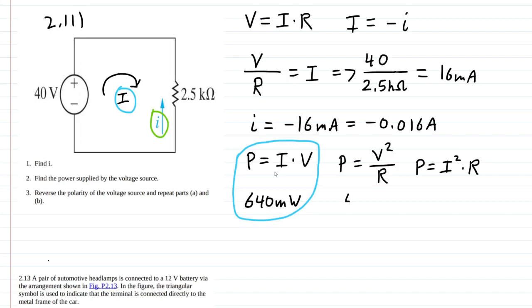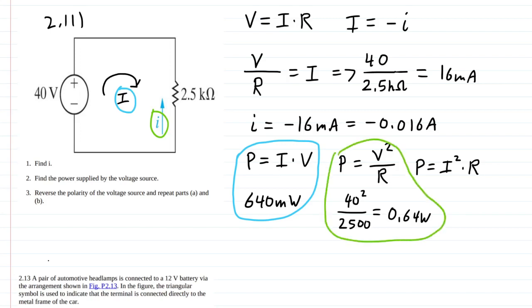Do the same thing here. 40 squared divided by 2500. 40 squared is 1600, so 1600 divided by 2500 gives you 0.64. So 0.64 watts is equal to 640 milliwatts. That makes sense. That is correct.